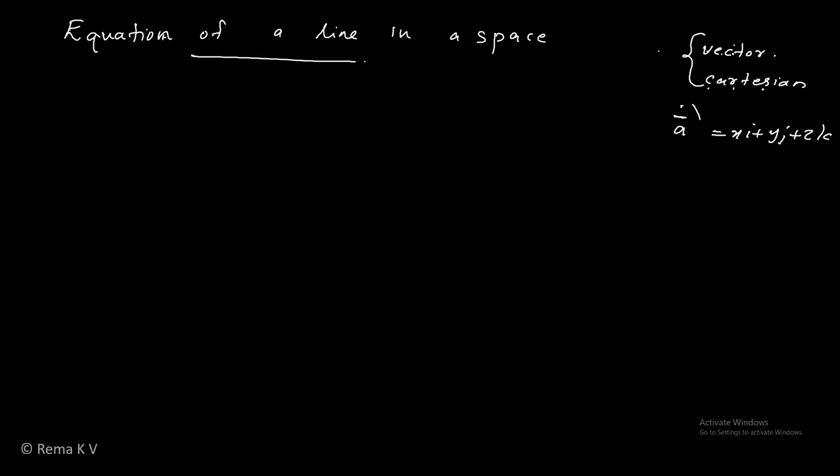One is vector equation and the second one is Cartesian equation. So let us consider the first one. First case, equation of a line passing through a given point.